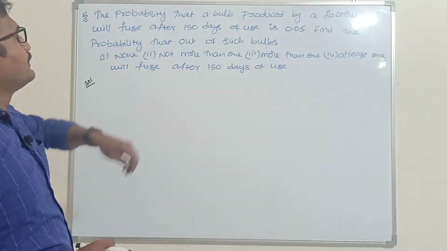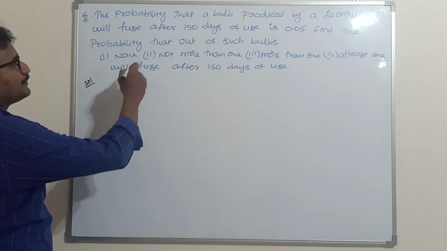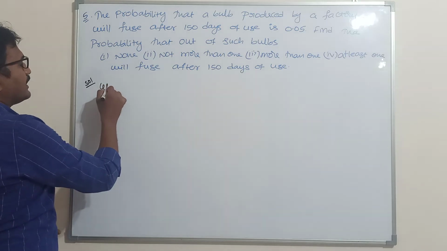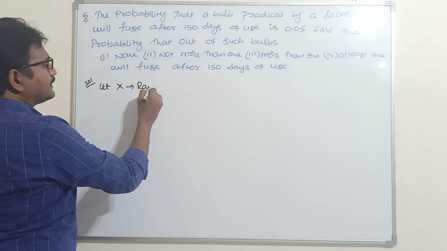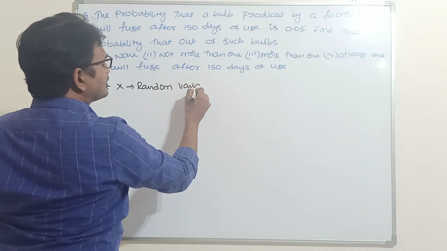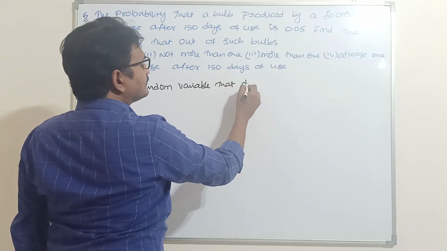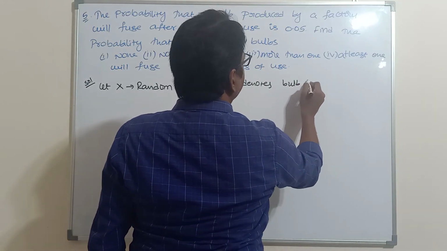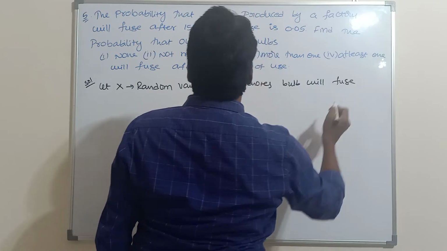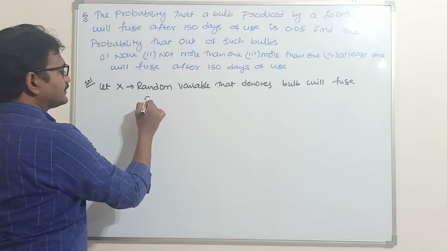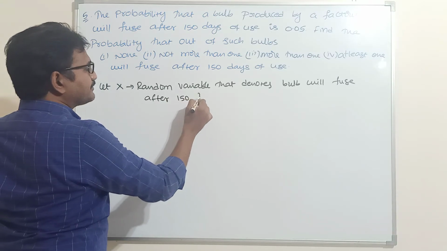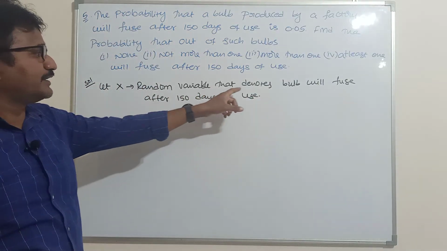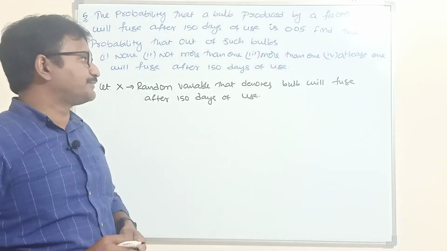Here, let X be a random variable that denotes the bulb will fuse after 150 days of use.